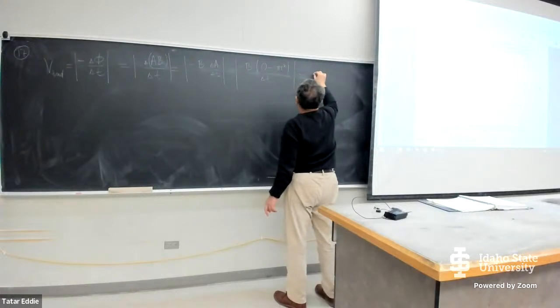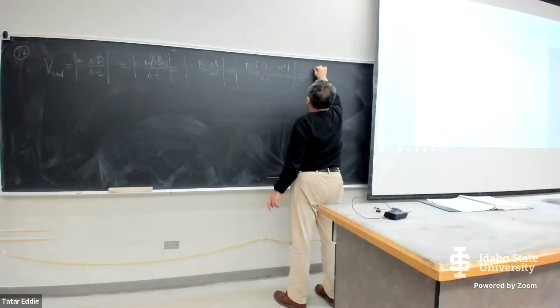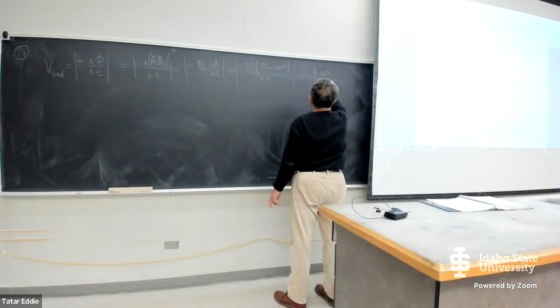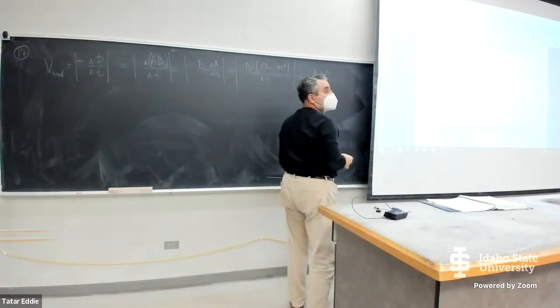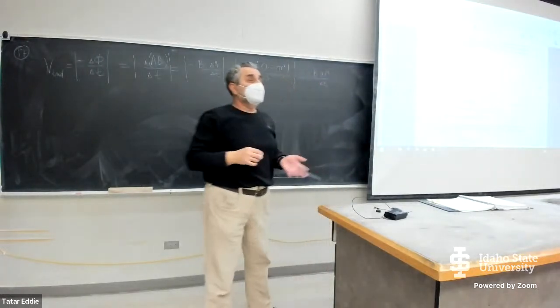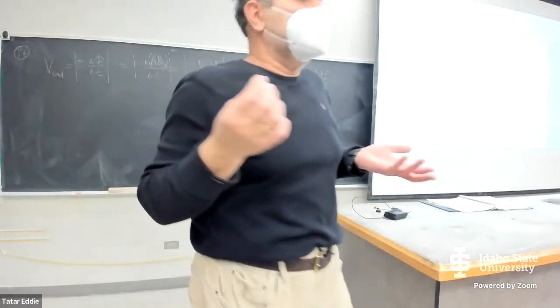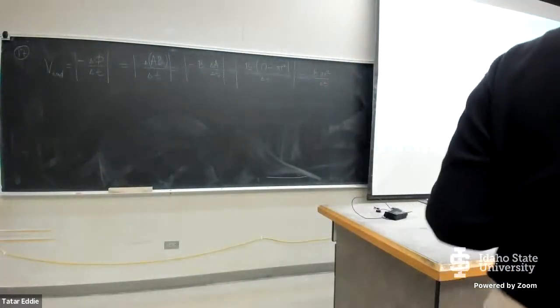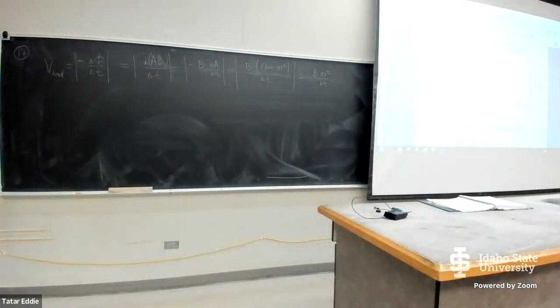This is equal to B times pi r squared divided by the time interval that they give you, delta t. So that's it, right? It is the same problem. It looks different, but it is the same problem, like problem 15, part C or D, whatever. So this is the induced EMF.